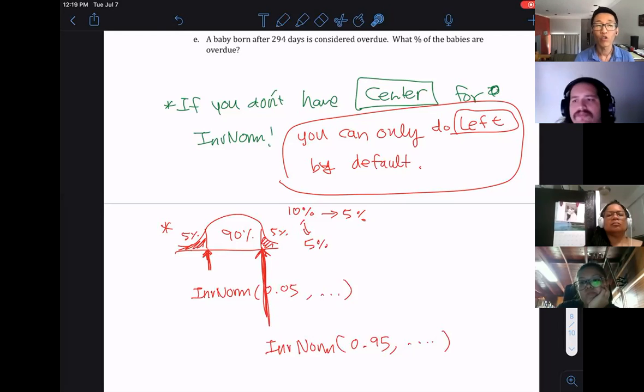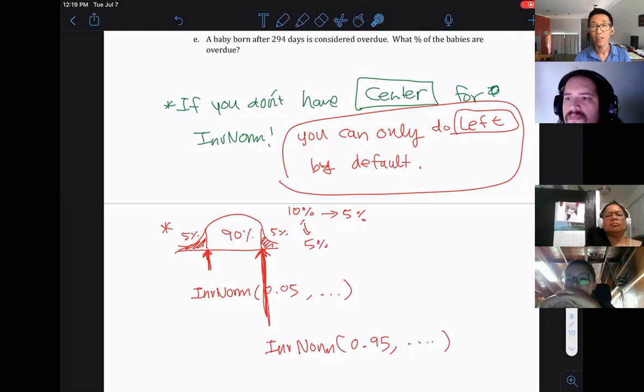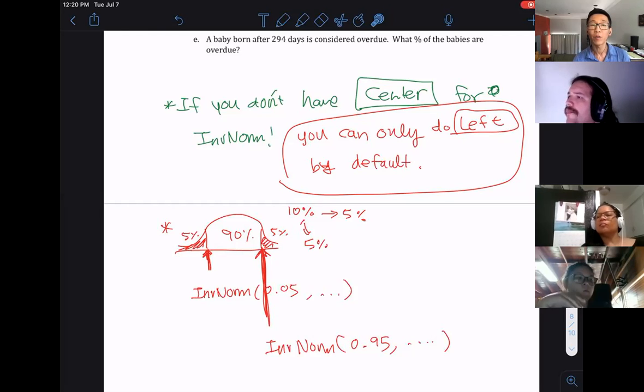So this is a question about inputting data into your calculator. Let's say, for example, today's data. Who was the youngest person? It was 18, right? How many people were 18? Just one. So I can use 2 columns.